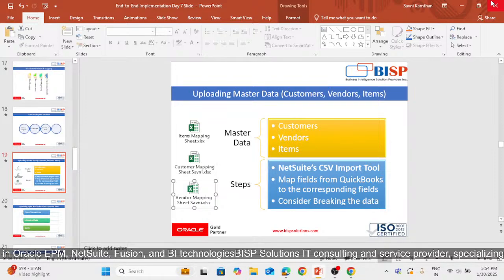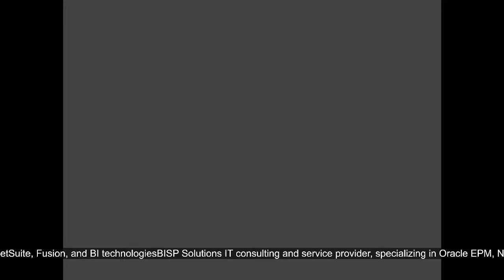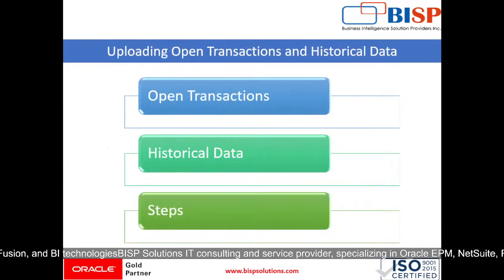So after this comes our uploading open transactions and historical data. So first of all, open transactions, which are transactions that are still active and need to be migrated for ongoing business operations.